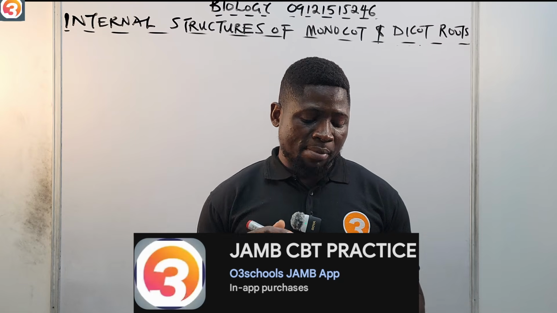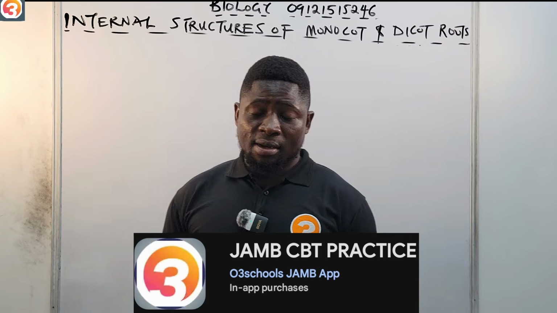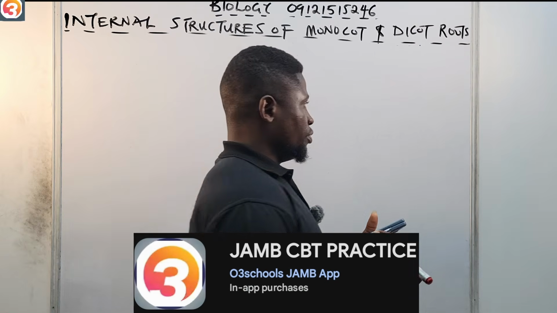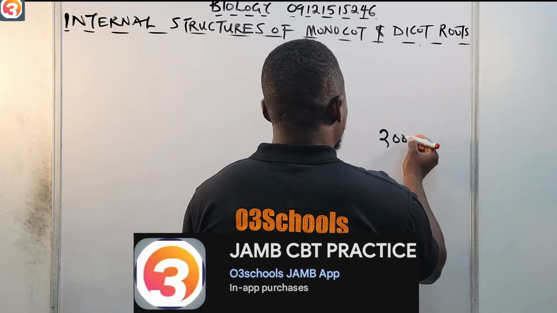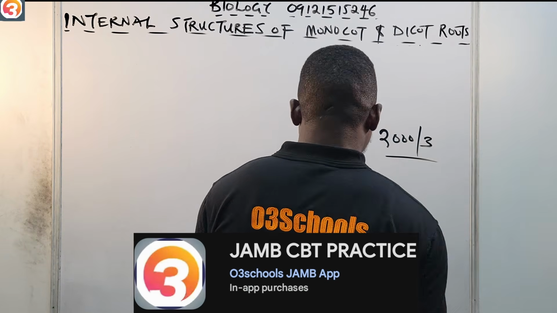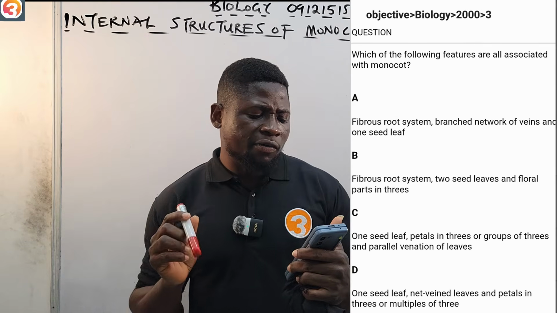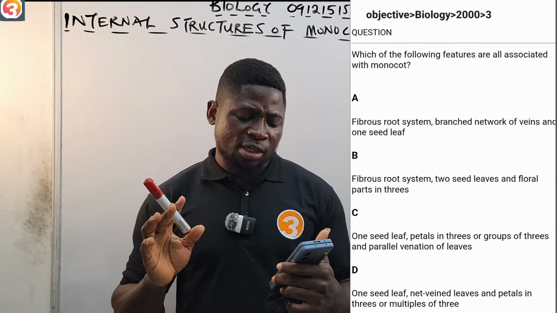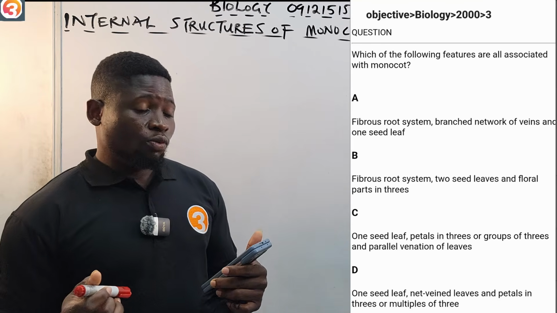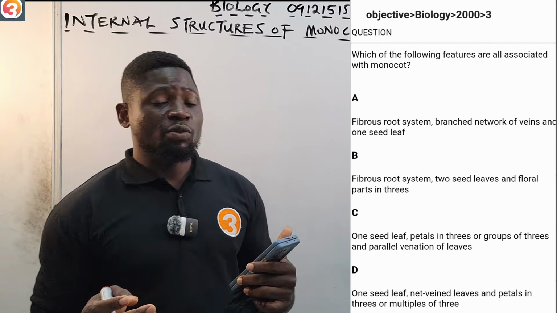It's a JAMB question from the JAMB app. This is a biology question, year 2000, number 3. We got this using the question search feature on the app. It has been displayed on that side of the board. It said, which of the following features are all associated with monocot?